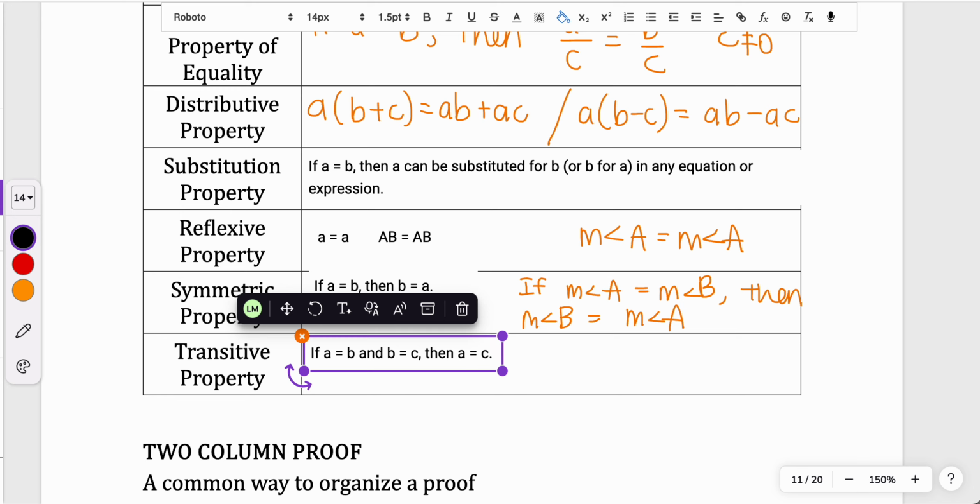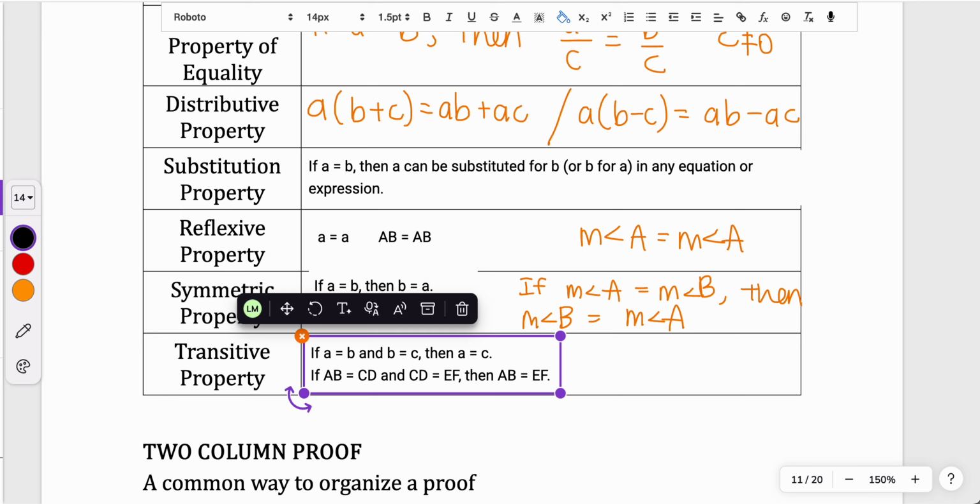It's almost like the law of detachment or the law of syllogism, where your hypothesis and your conclusion are matching, so then you can make that connection with your first hypothesis and your second conclusion. You can also do that with segments. If AB is equal to CD and CD is equal to EF, then AB is equal to EF, okay?